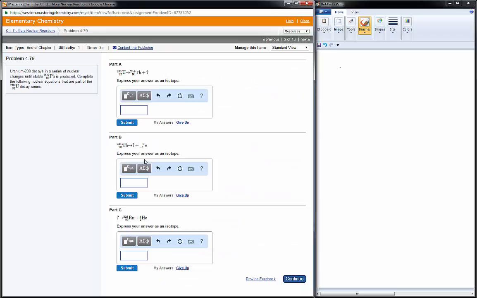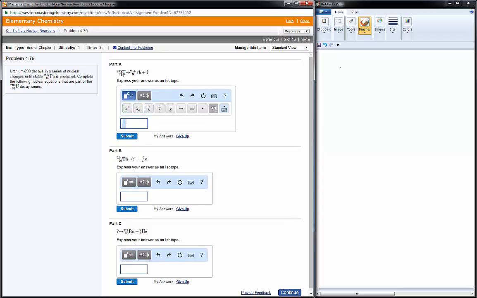And these reactions are going to be exactly like the ones that we have done previously, where your mass has to add up and your nuclear charge has to add up. So the isotope that's being formed, 238 equals 234 plus 4, and 92 equals 90 plus 2, and the element number 2 is helium.